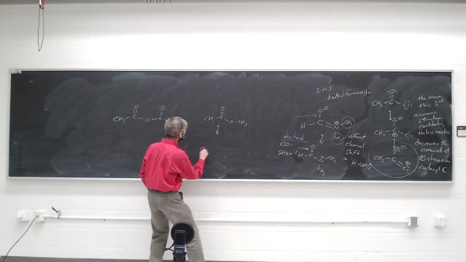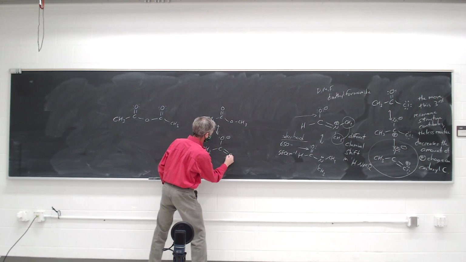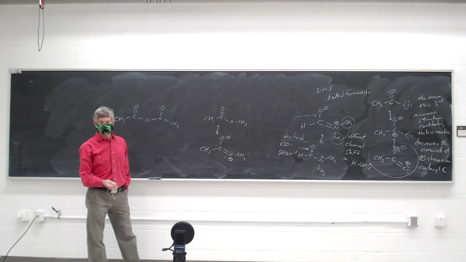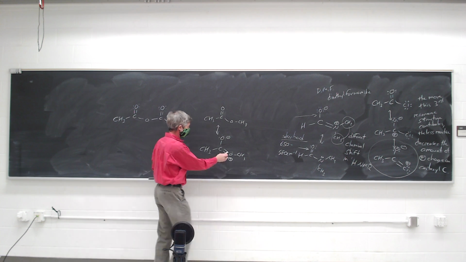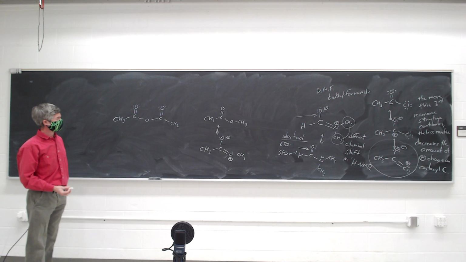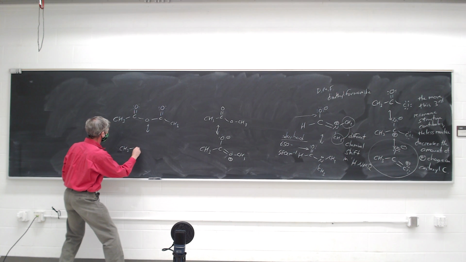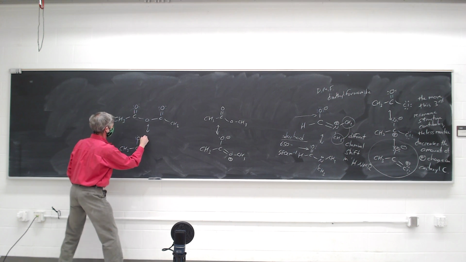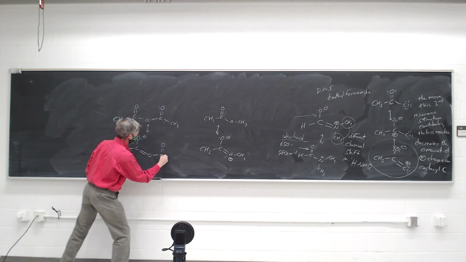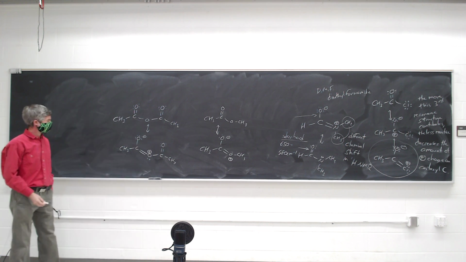All right, so we can write this minor resonance structure. Good orbital overlap because oxygen and carbon are both the same size, but less good than for the nitrogen because nitrogen is less electronegative. And then we can draw the corresponding resonance structure.